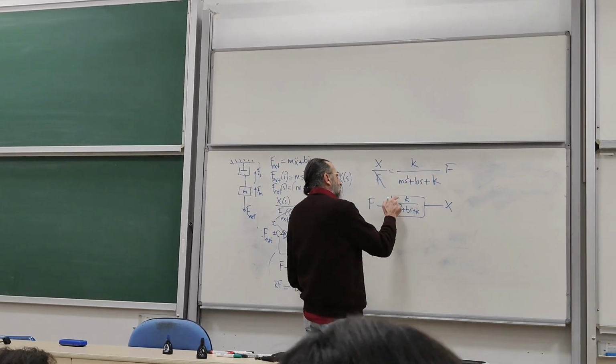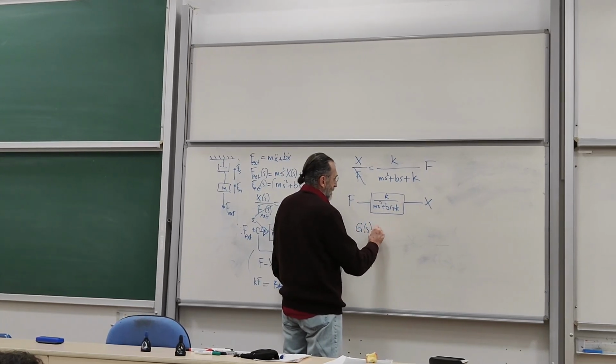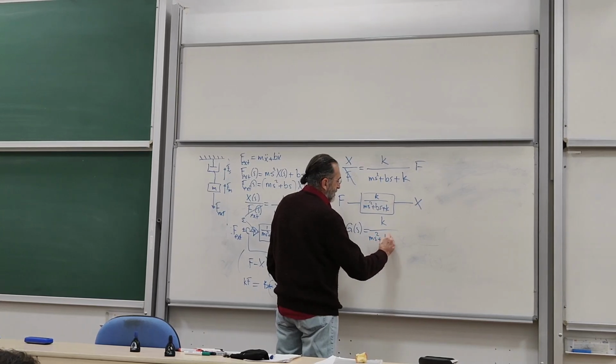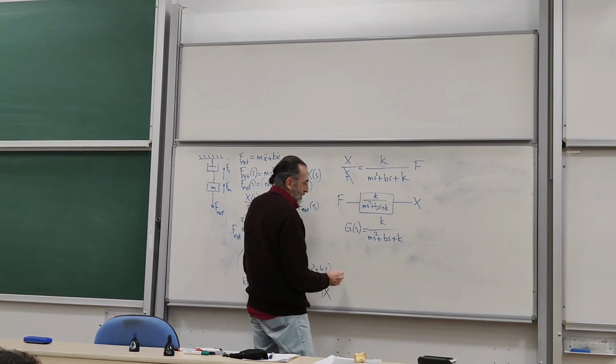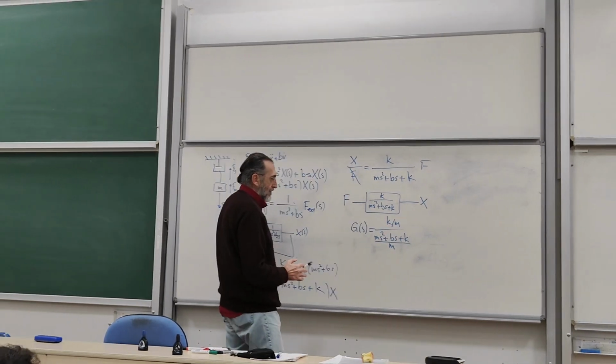So anyway, the transfer function of the system that I call G of s is K over m s squared plus d s plus K. What we do is divide everywhere by m.